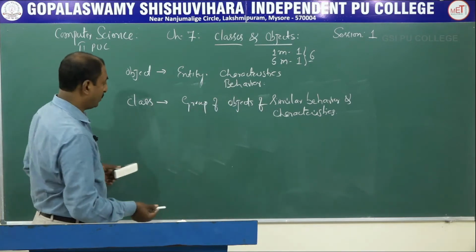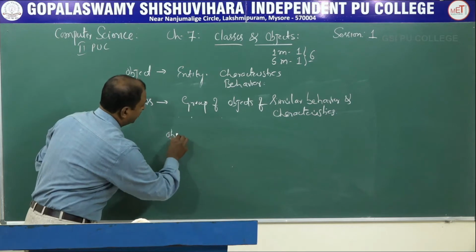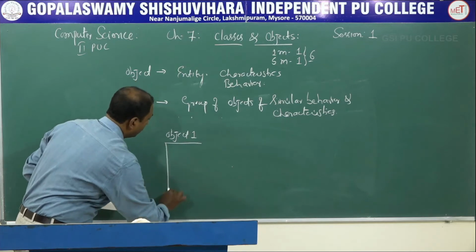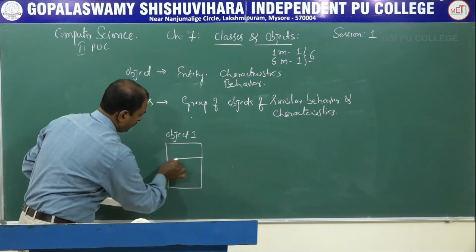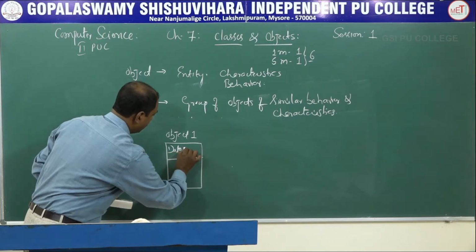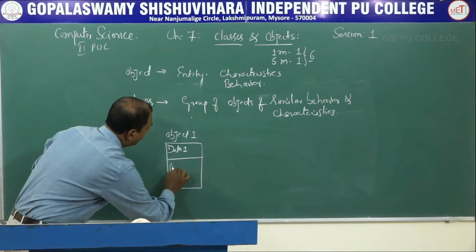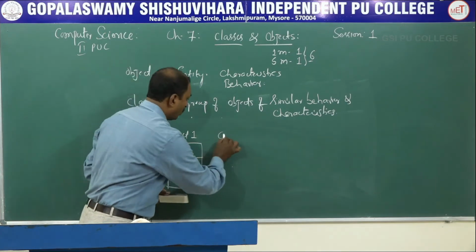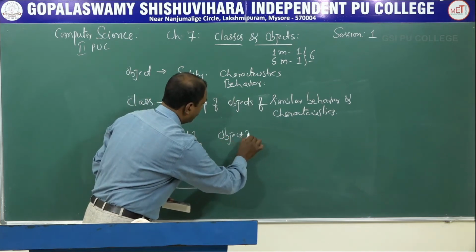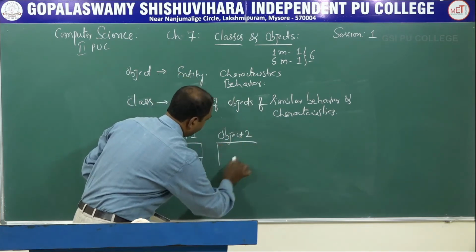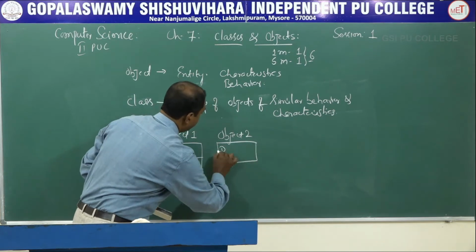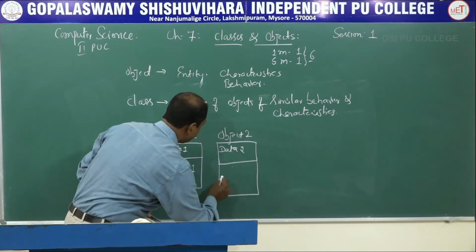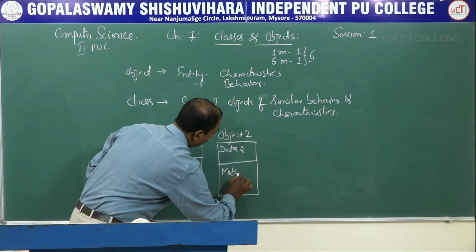How do you represent class now? For example, this is object 1. This object 1 has data 1 and method 1. This is method 1. You take one more object, object 2. This is data 2 as well as method 2.